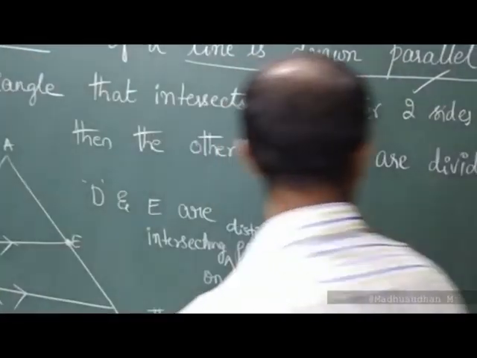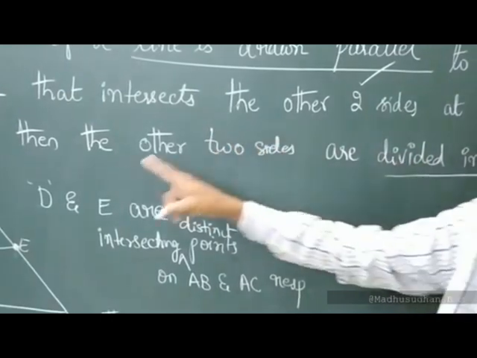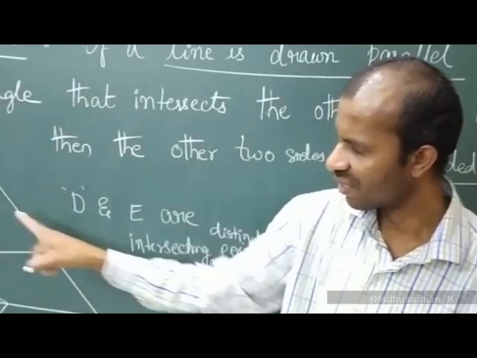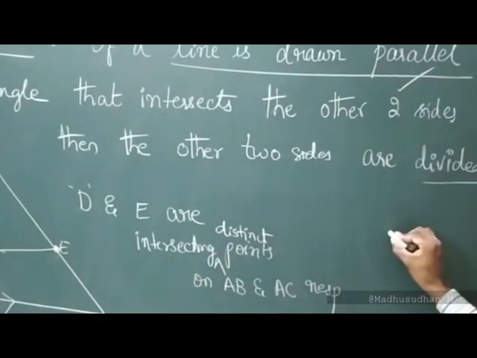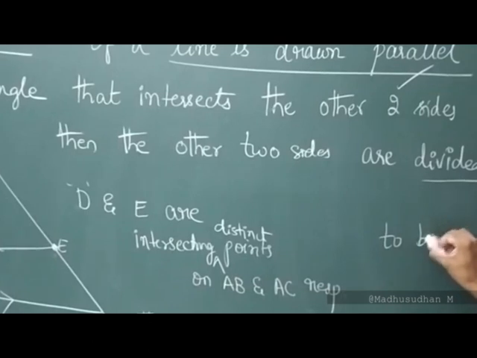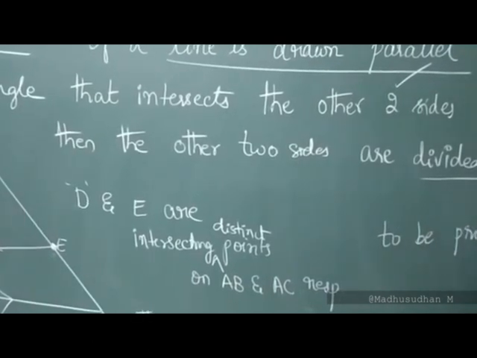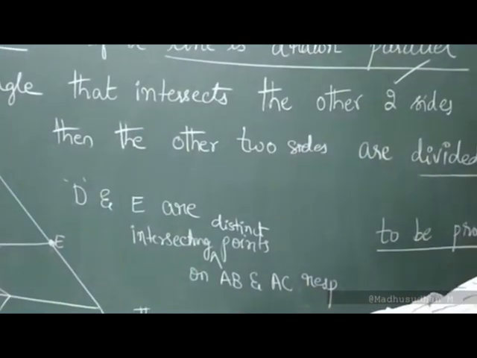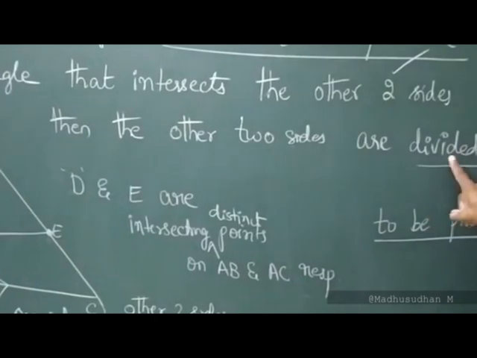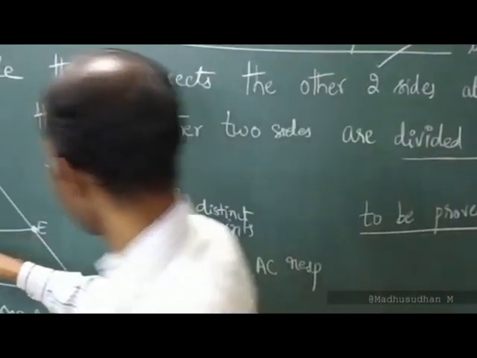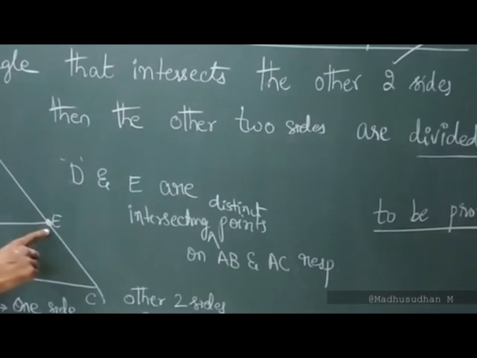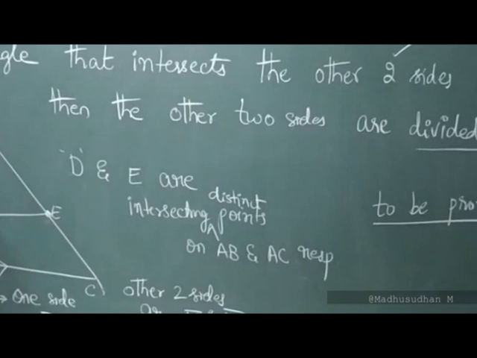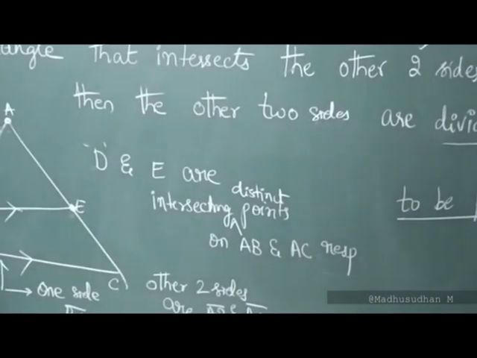Followed it? Then what? So if a line is drawn parallel to one side of a triangle such that D and E are the intersecting points, then what is to be proved now? To be proved: the other two sides, AB and AC, are divided in the same ratio. See here, when this line is drawn parallel, you have from A to D and from B to D. This is one important point here.